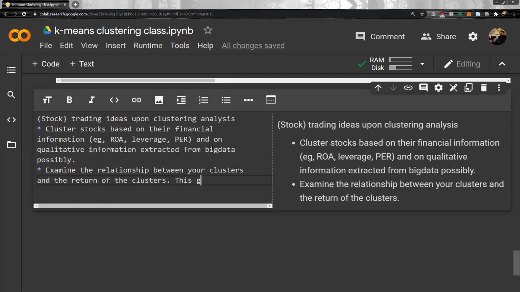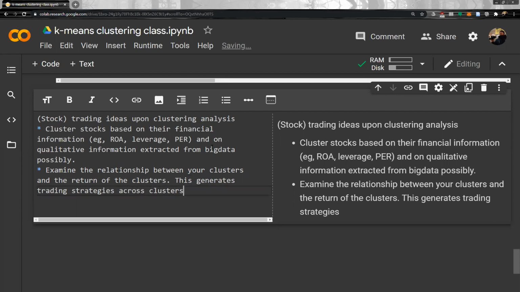So this generates trading strategies across clusters, i.e. cluster level trading strategy. Hence, each cluster becomes your portfolio.